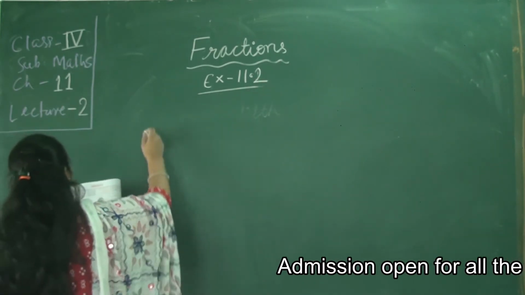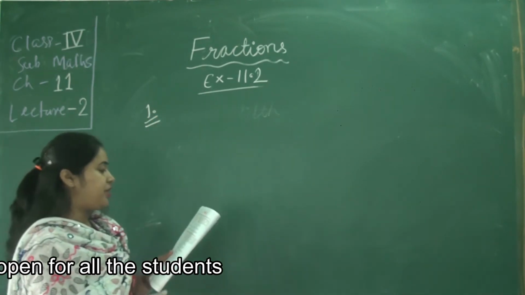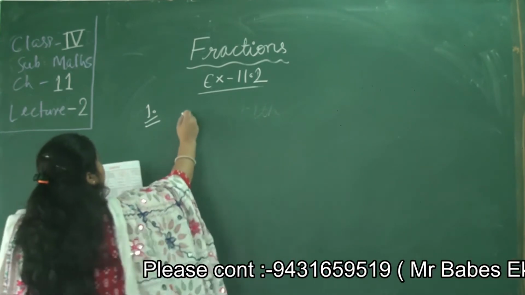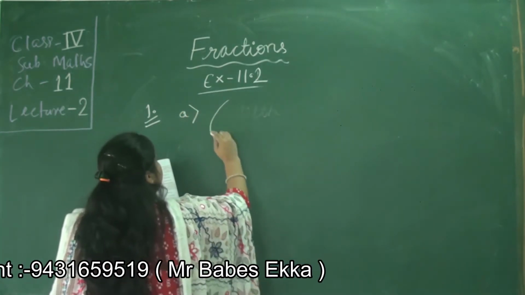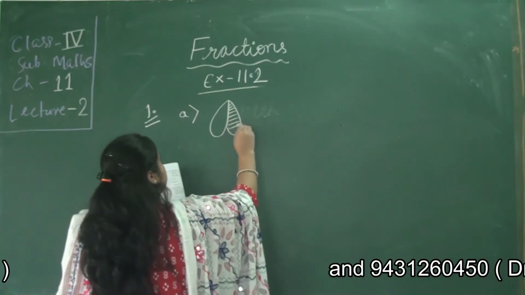So you have question number 1. The question is: write the fraction for the shaded part. Write their numerators and denominators too. So in question number 1a, your figure is this way.